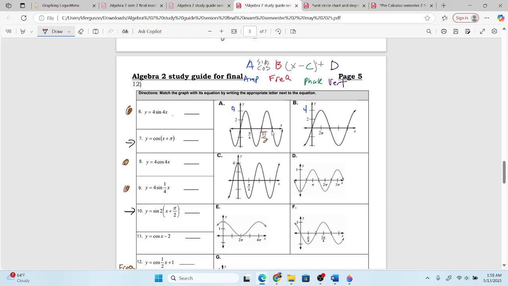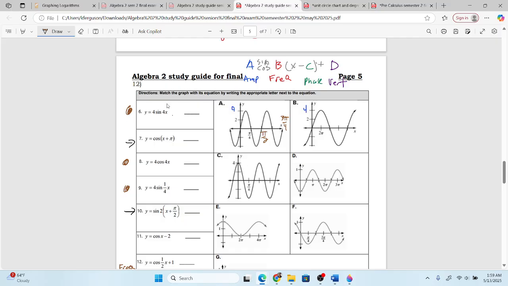And if that's pi over 2, this right here will be 3 pi over 4. So there's 1. There's 2. I still got 2 more before I get to 2 pi. So see, A and C, they're very similar.